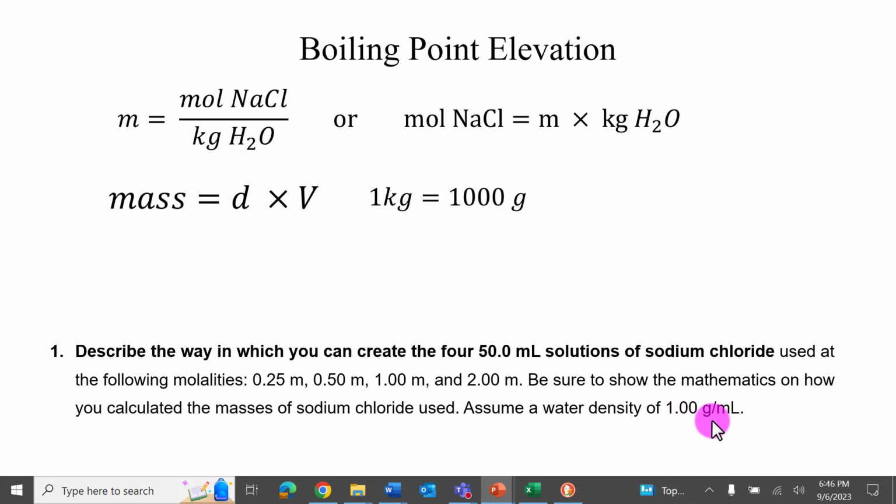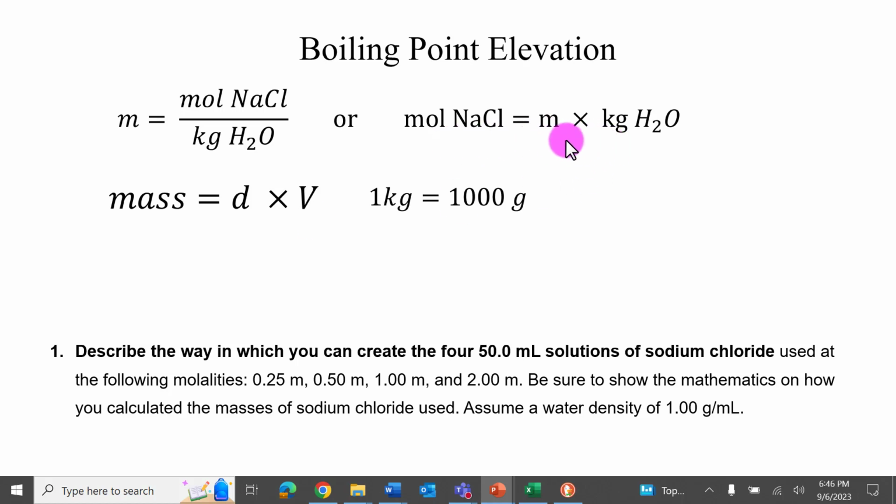Note that this is actually in grams: I have density in grams per mL multiplied by milliliters. My milliliters will cancel, leaving me with grams, and therefore the mass is going to be in grams.